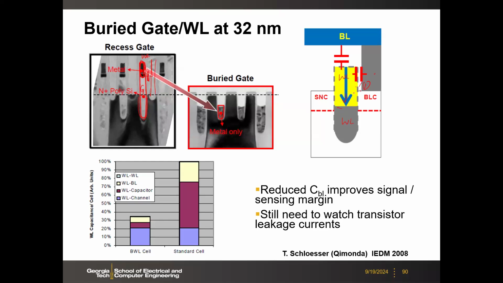So that will increase the distance between this word line and the bitline contact. So you reduce the overlap. That means you reduce the capacitance. Okay. So here you see the capacitance greatly reduced. So this is another way to improve the sense margin. Right?